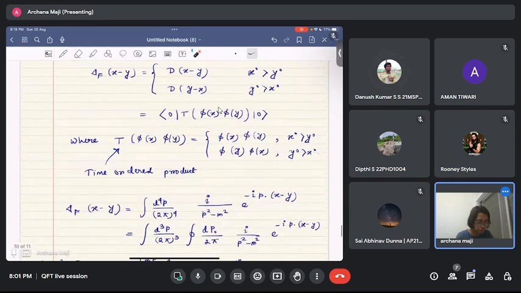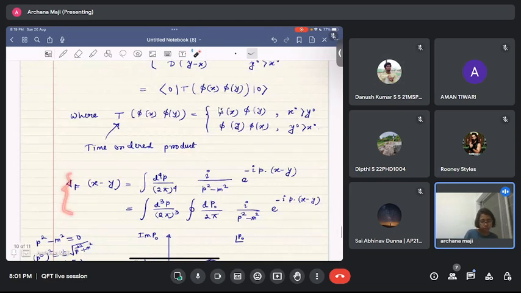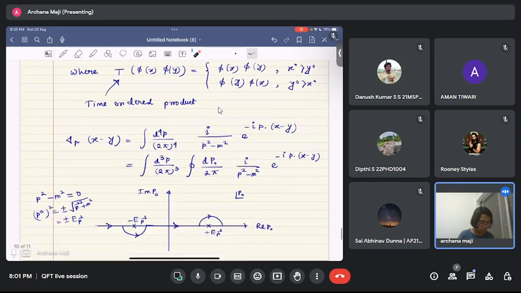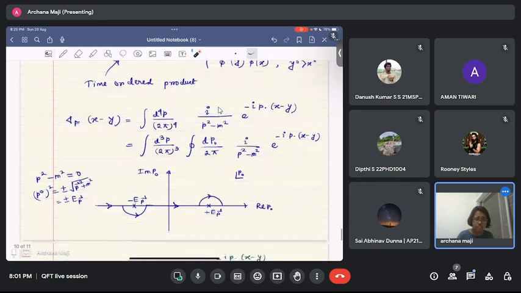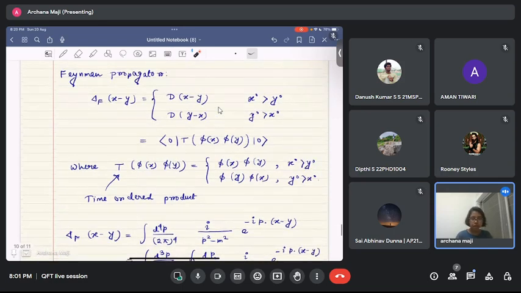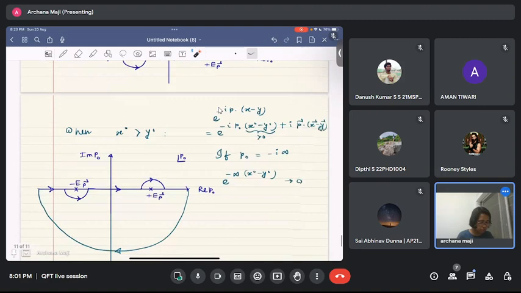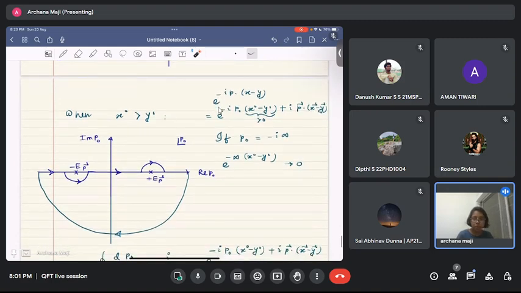Okay. So we have already written down the momentum integral representation. Right now what we are trying to show is that this particular contour is indeed giving you D of x minus y when x0 is greater than y0. So we're justifying what we have already said.